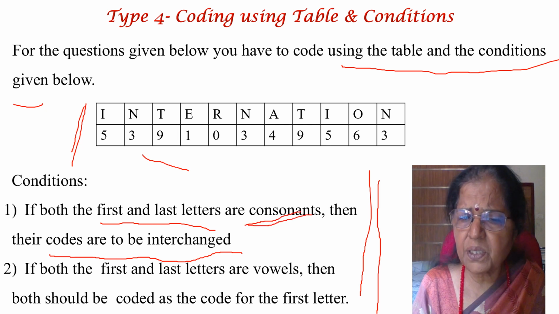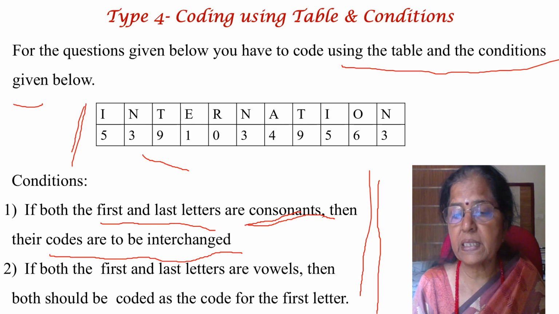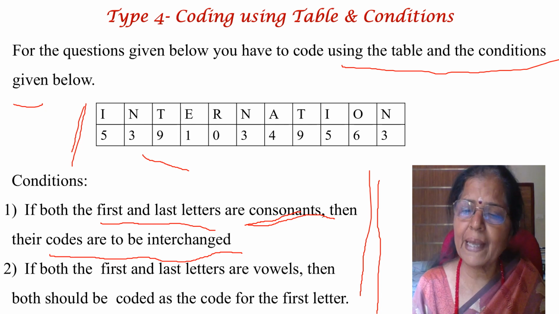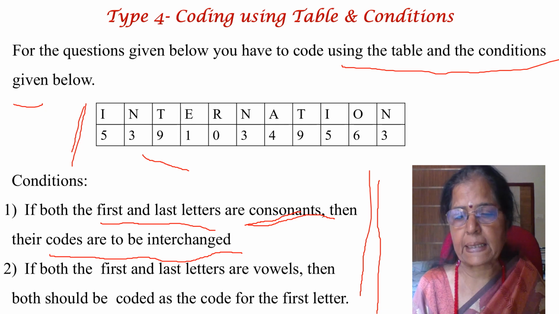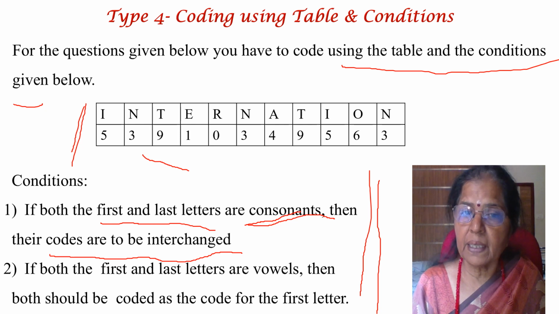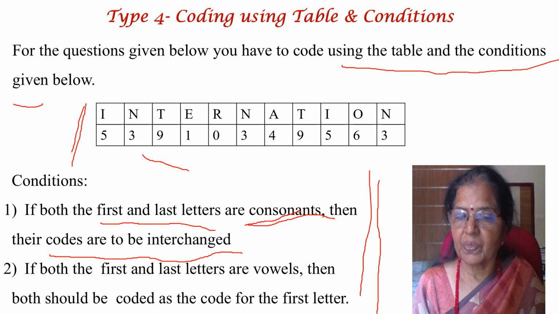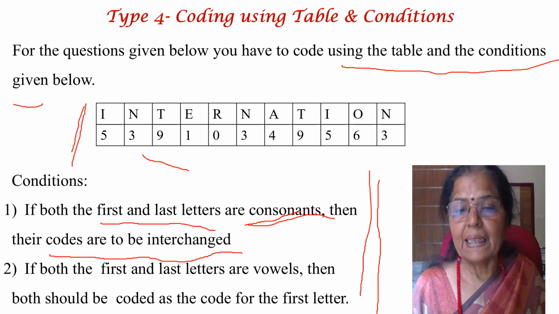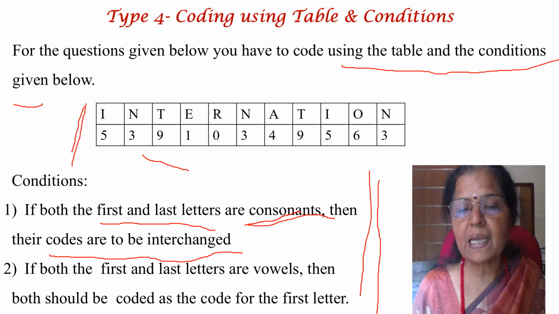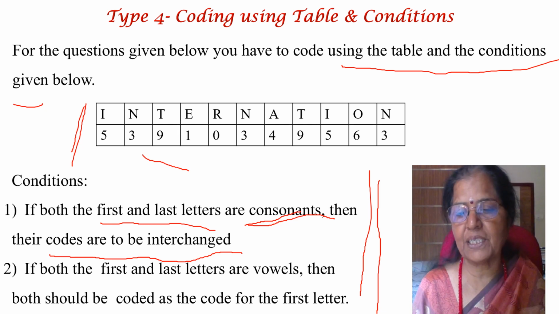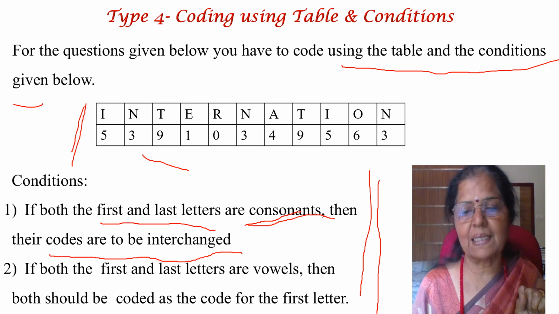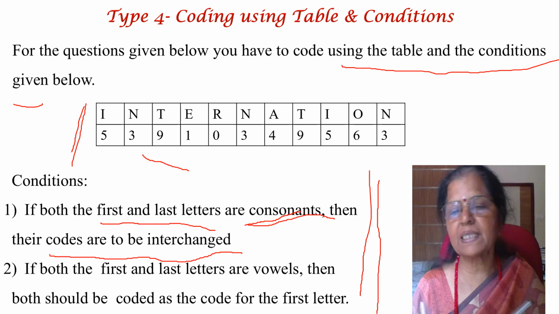In the alphabets, there are 5 vowels, A, E, I, O, U. They are called vowels. All the other alphabets are consonants. So in the given words, if the first letter and the last letter are not vowels, that means they are consonants, then their codes are to be interchanged. You have to interchange the first letter code with the last letter code. That is the first condition.